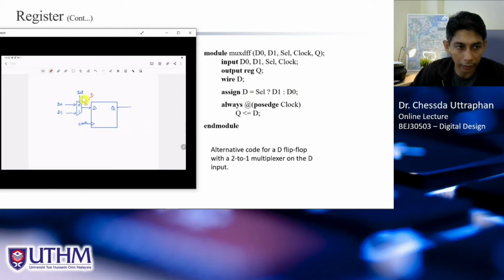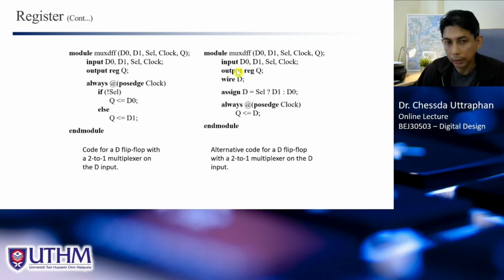So this will create this multiplexer, and this will create these flip-flops, Q at positive-edge clock. So Q is equal to D. So you will have the same circuit using a different style of code.